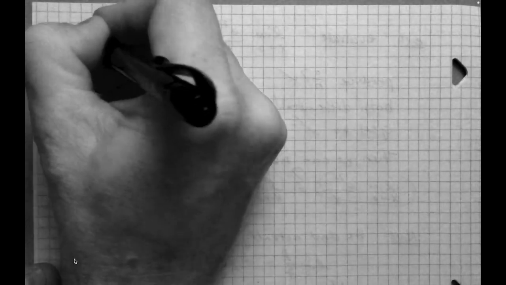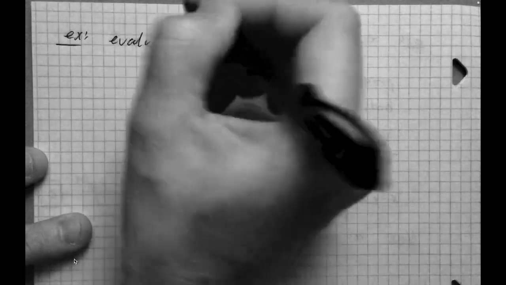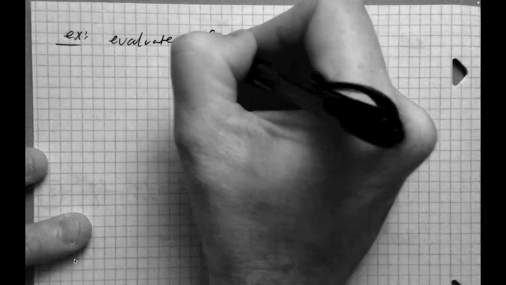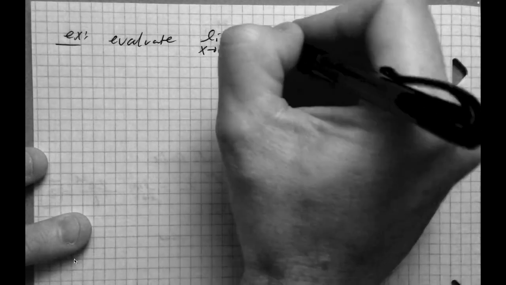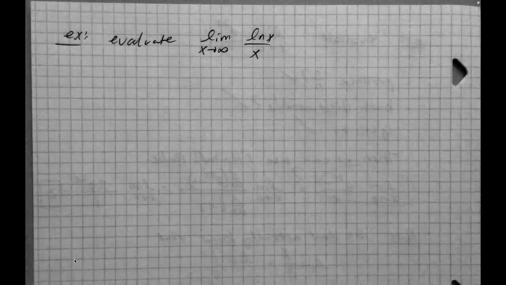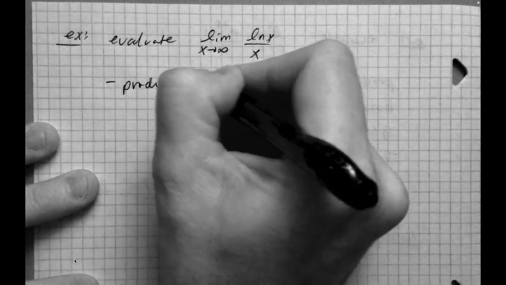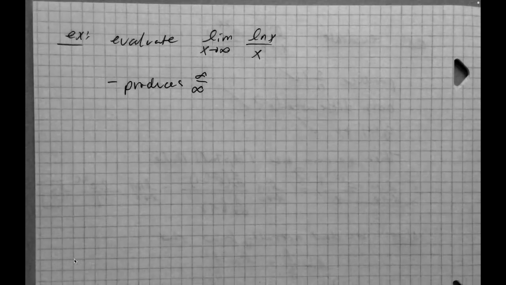Right, let's do another example. Let's say we want to evaluate the limit as x approaches infinity of the natural log of x over x. Now, if we were to evaluate this directly, of course, this is going to produce infinity over infinity, the indeterminate form.